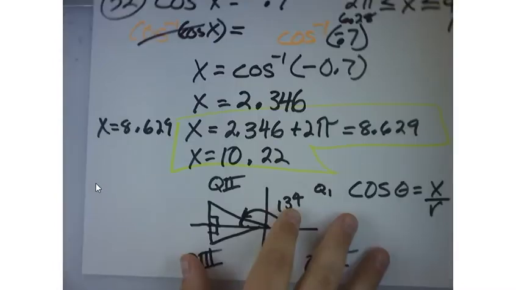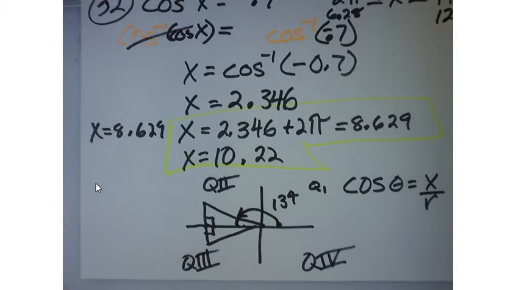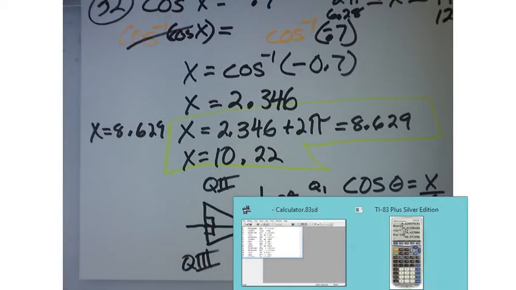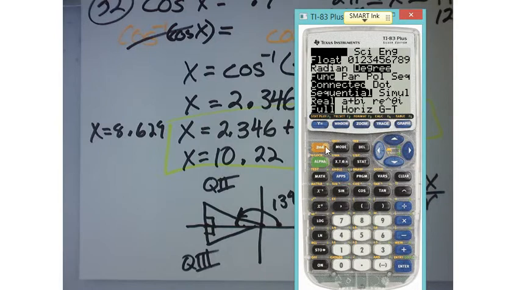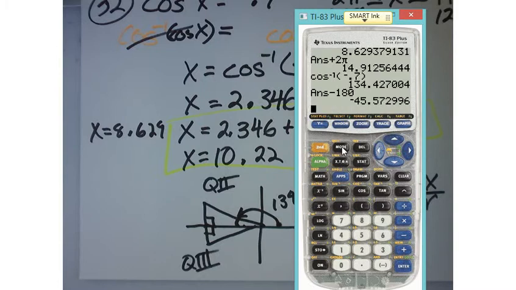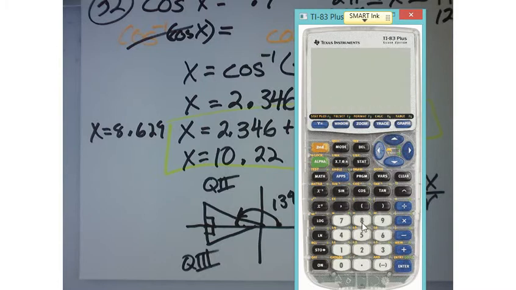So if I have 8.629 and I add pi over 2, guess what I'll get?